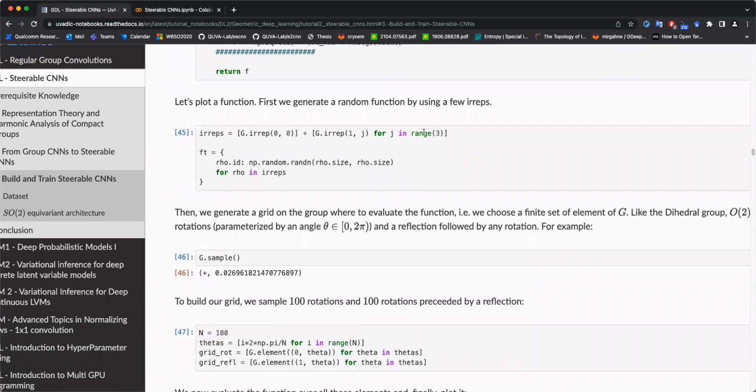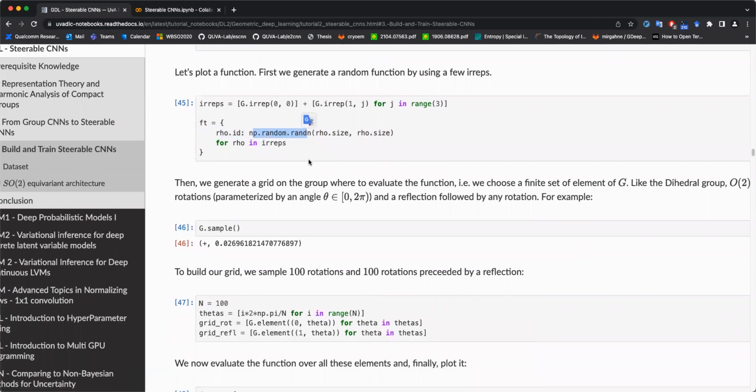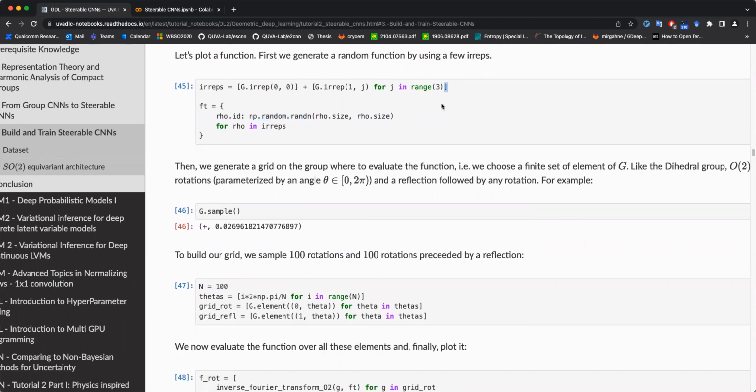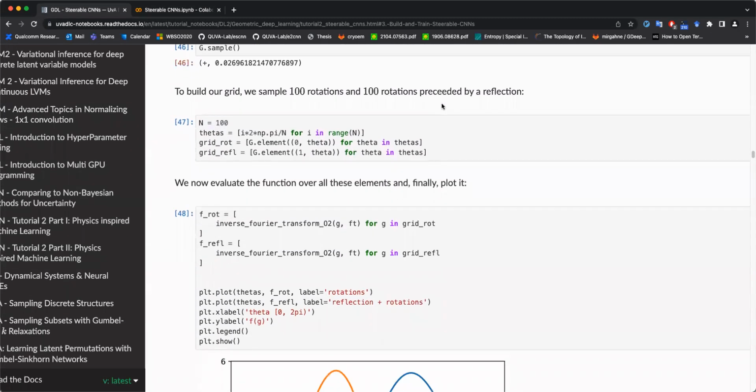So for frequencies only up to frequency 3, I generate random Fourier coefficients, and for each IREP, I store this as a dictionary. This generates a random function, which is band limited only up to frequency 3. So it has no coefficients with a frequency above 3.